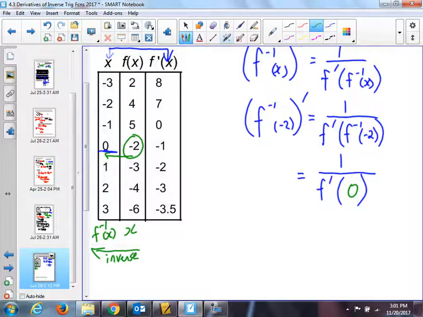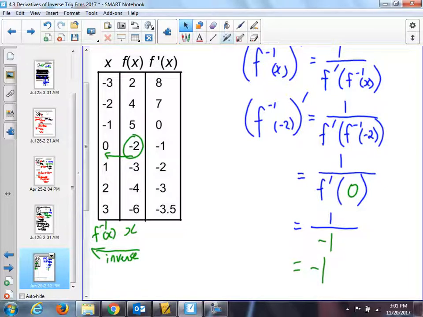That's where I come up with 1 over negative 1. So negative 1 overall. Now, they're not too complicated if you truly understand what the formula is all about.